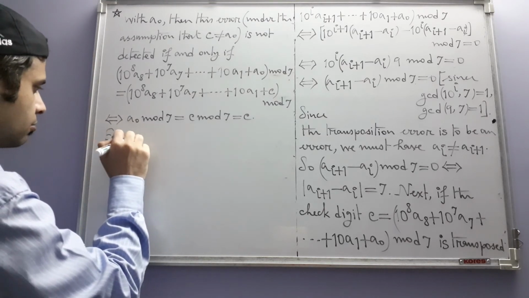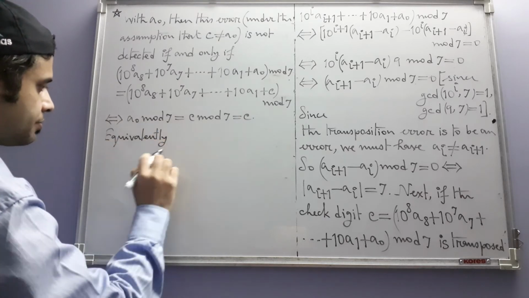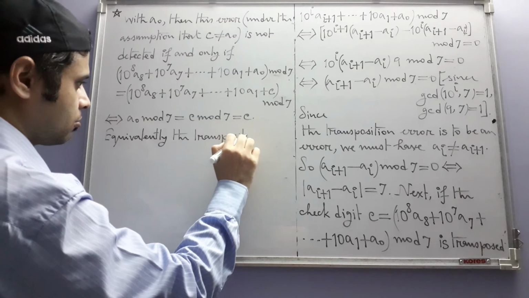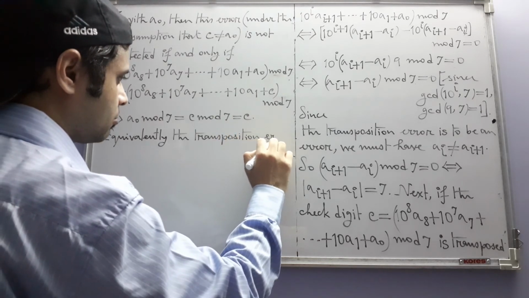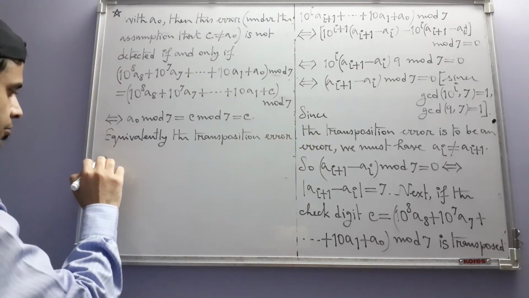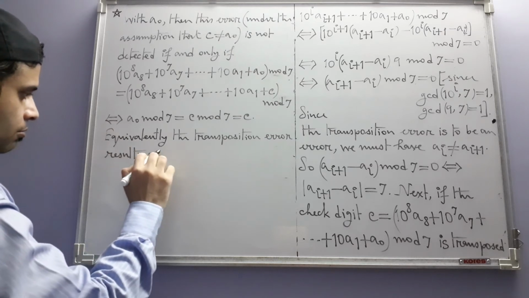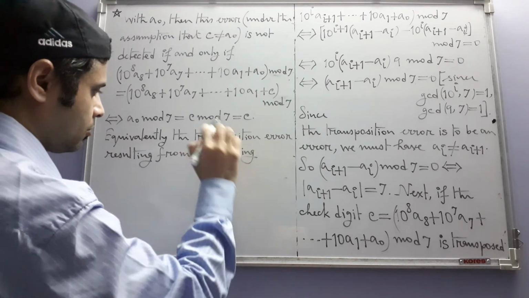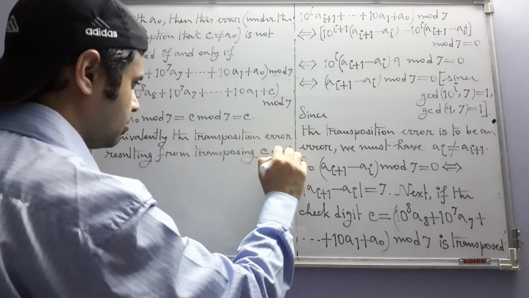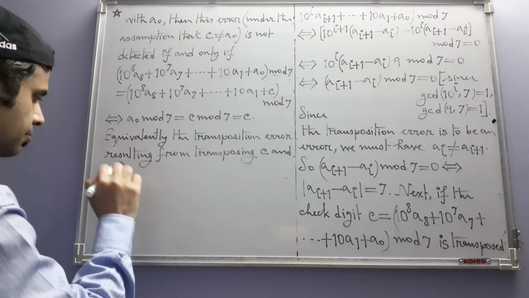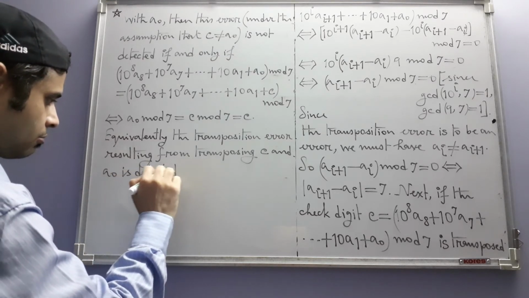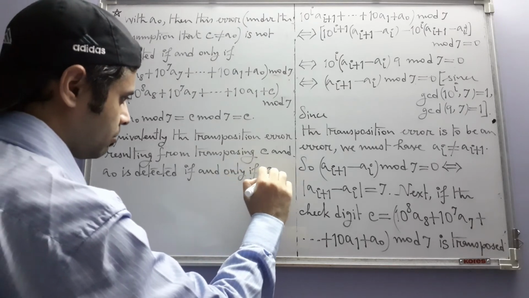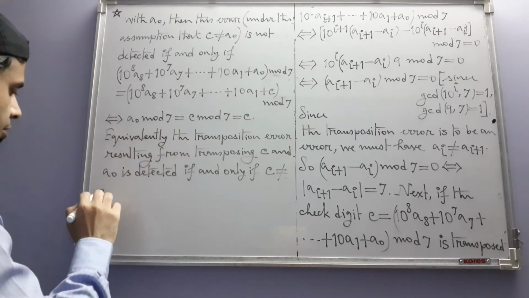Equivalently, the transposition error resulting from transposing C and A0 is detected if and only if C is not equal to A0 mod 7.